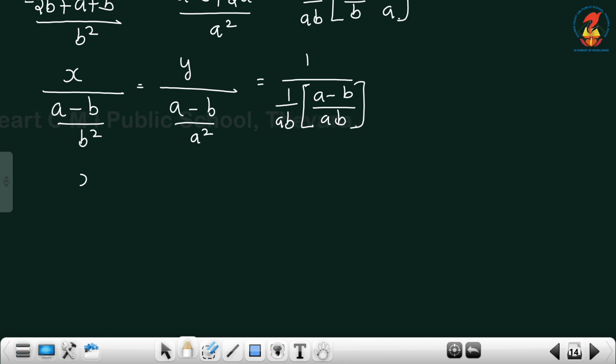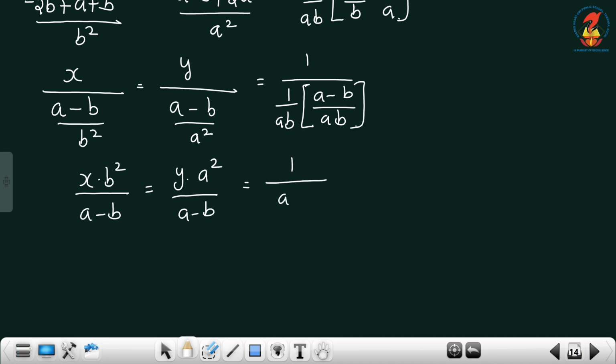That is x into b square by a minus b equal to y into a square by a minus b equal to 1 by a minus b by a square b square.